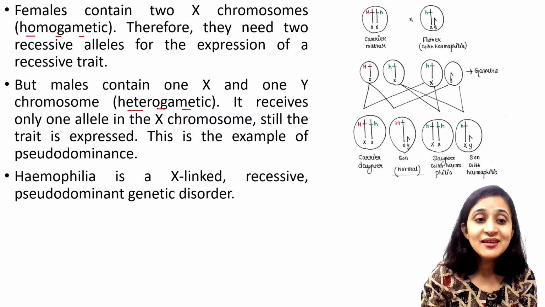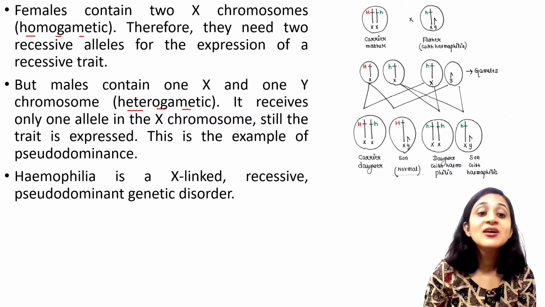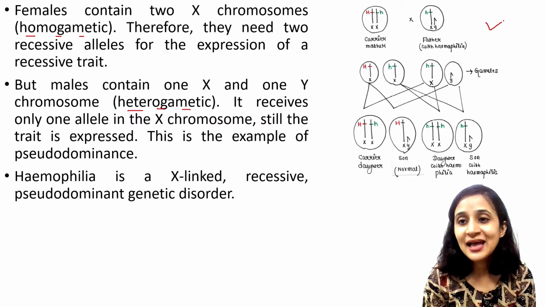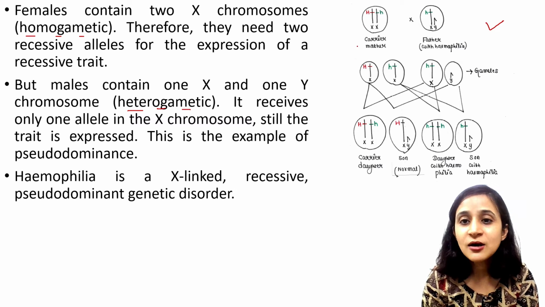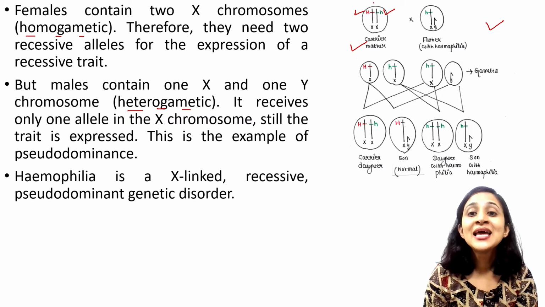So we will see here, because hemophilia is an X-linked recessive pseudodominant genetic disorder. Here we can see this is the carrier mother, who has capital H and small h alleles. H is for hemophilia.